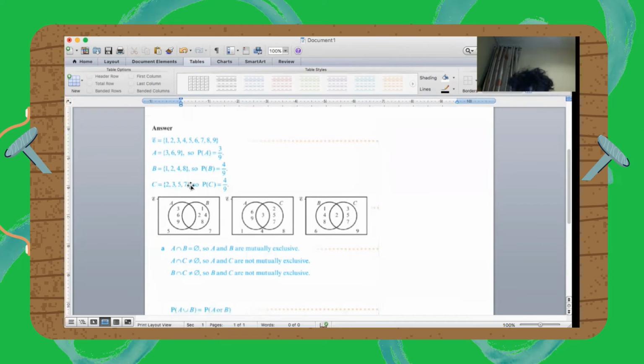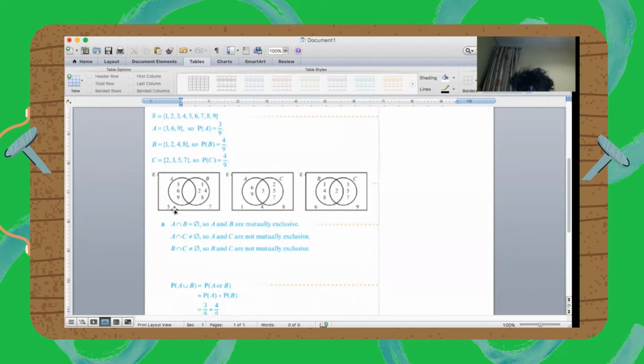As you can see, A and B have nothing in common. A and C have one in common. B and C also have one in common. So we know that A and B are mutually exclusive because they don't have any favorable outcomes in common.